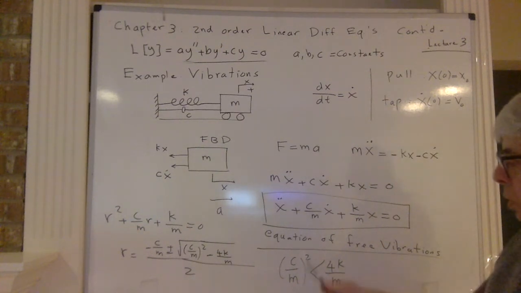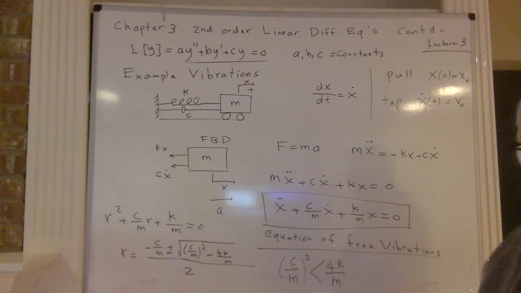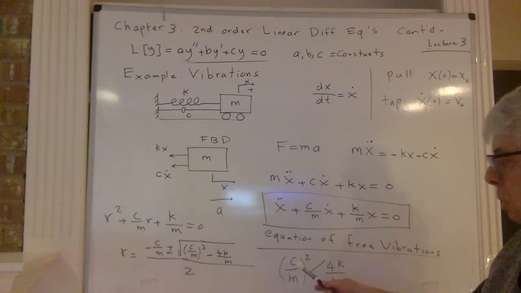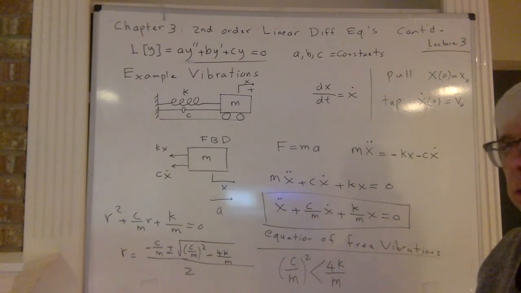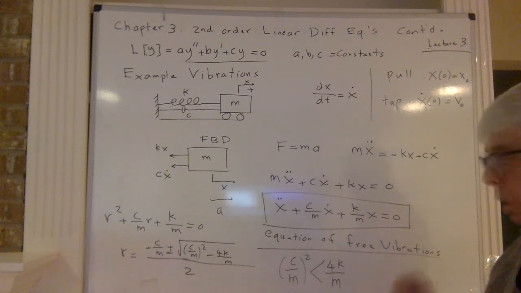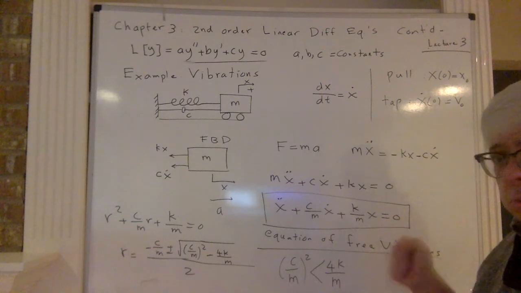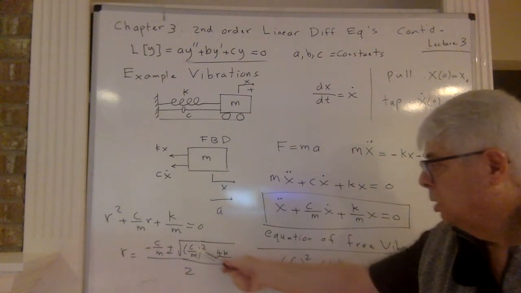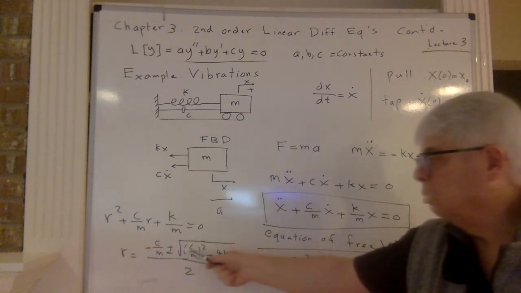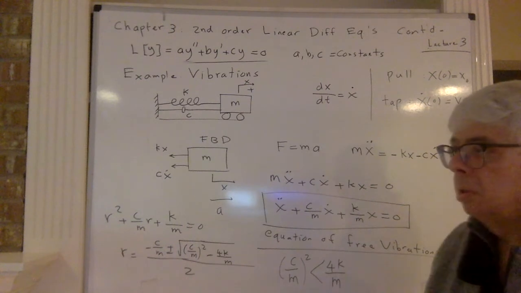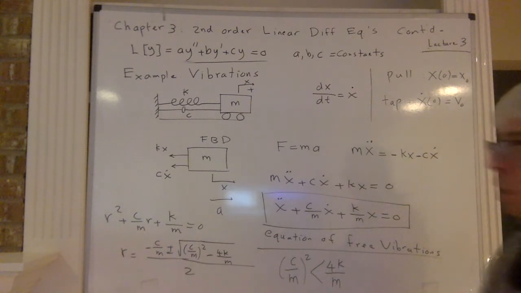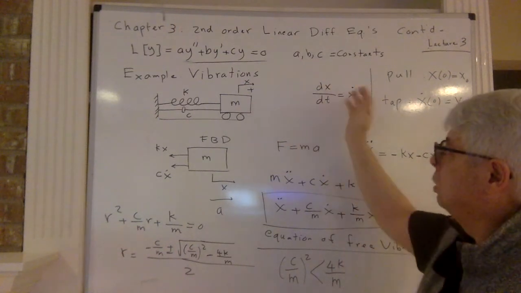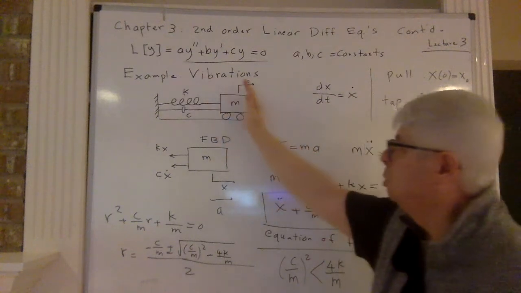Now, when does this usually happen? This happens when C is small, right? So if I put a huge C here, which means I have a huge damper, damping just so tough, and this C is so large that it makes the number under this radical positive, then I pull it and let it go, and it goes like this, stops.